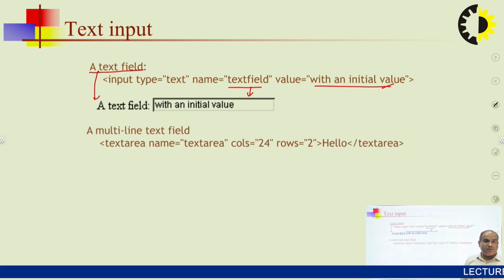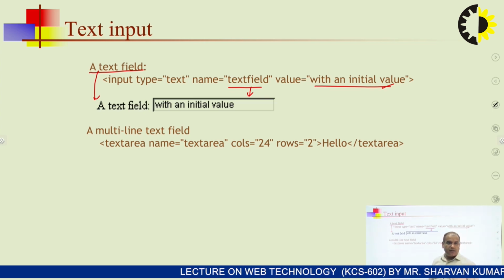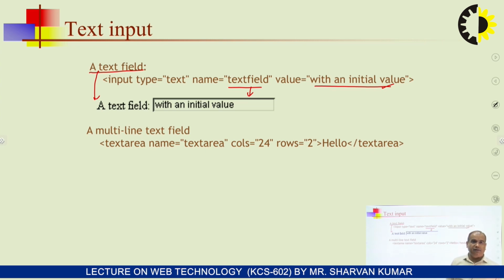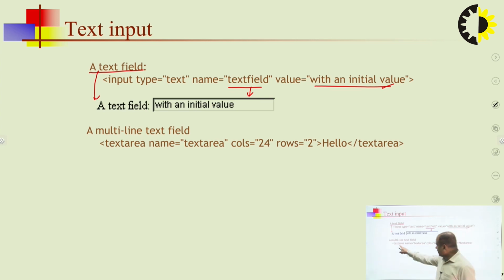Second, if we want multiple-line text, in that case we will use textarea. In daily life, when you write Gmail or any kind of mail, you see an area where you write your mail. That area appears using the textarea tag. Here the name of the textarea will be textarea.